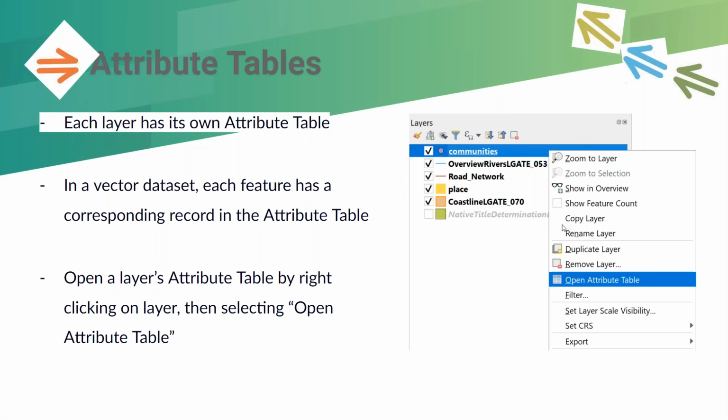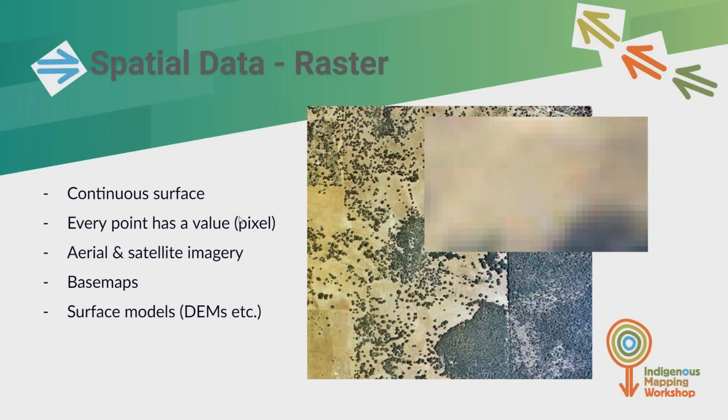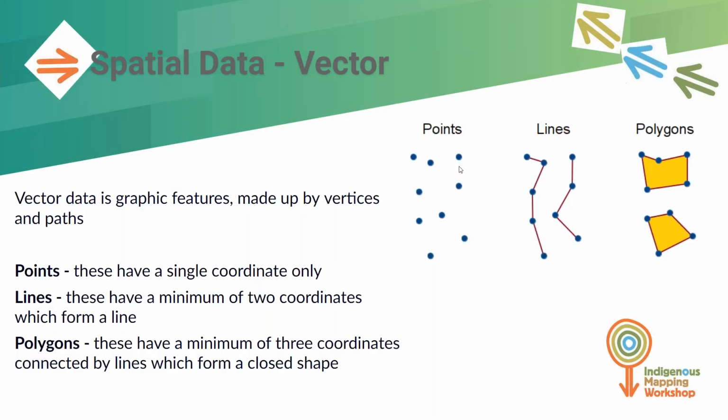And the real power now with GIS and QGIS, of course, is that every one of those layers has its own what's called an attribute table. With our raster data, so our aerial images, that table shows us the value of each pixel, effectively a color code for each pixel. Whereas in our vector data, that table can contain really powerful information.